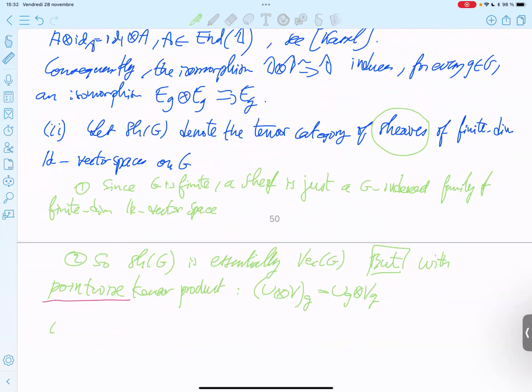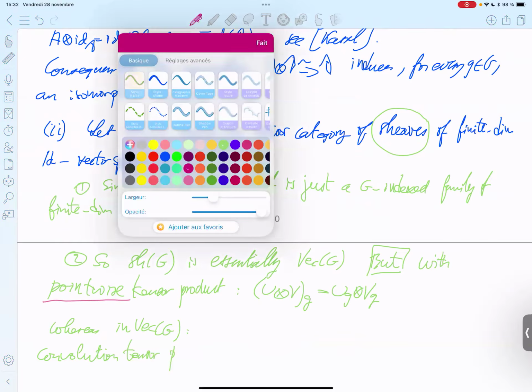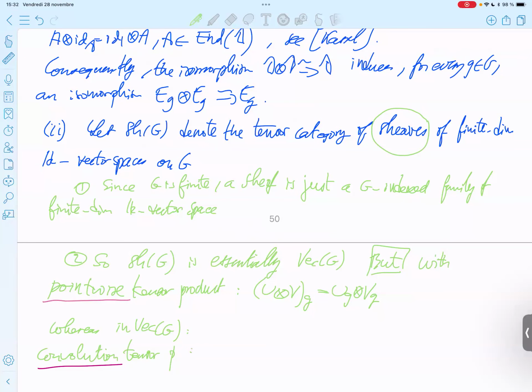Whereas in Vec_G, you have the usual convolution tensor product, which is something like that: (U tensor V)_G is the direct sum over HK equal G of U_H tensor V_K.